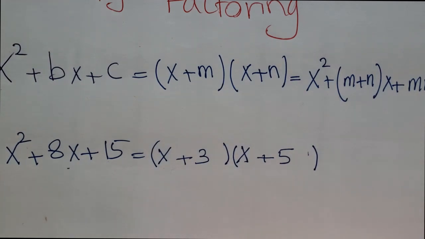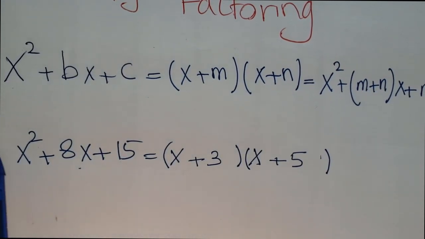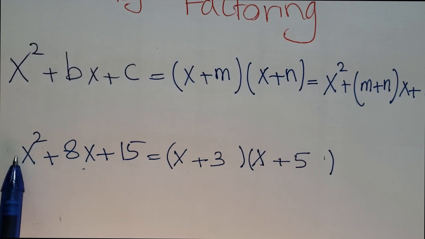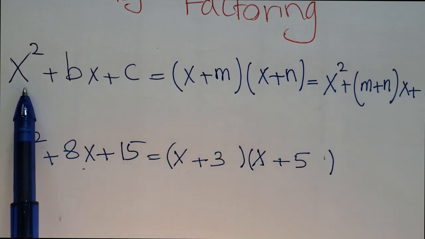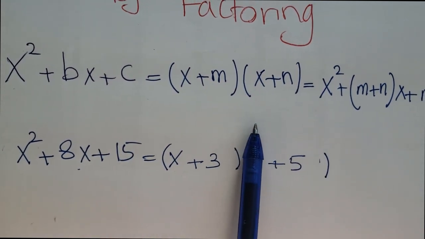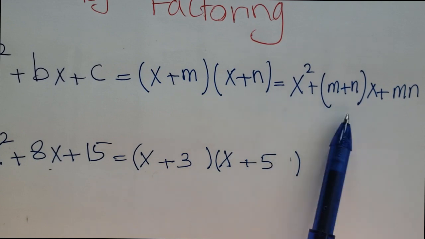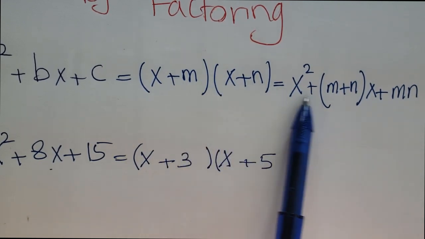The only thing which is very important, if you want to follow this rule, is that the coefficient of x to the power 2 is always 1. If it's a different number, then there would be another formula to follow. But if the coefficient of x to the power 2 is 1, you can change the expression into the product of two parentheses, or two binomials, and this is the formula if you expand it.